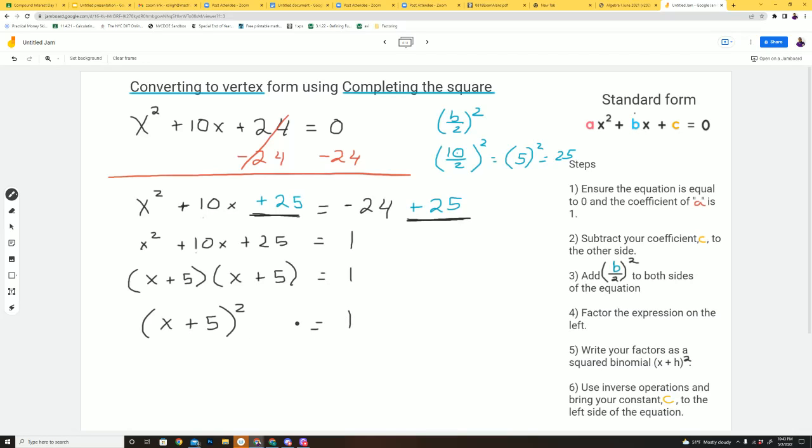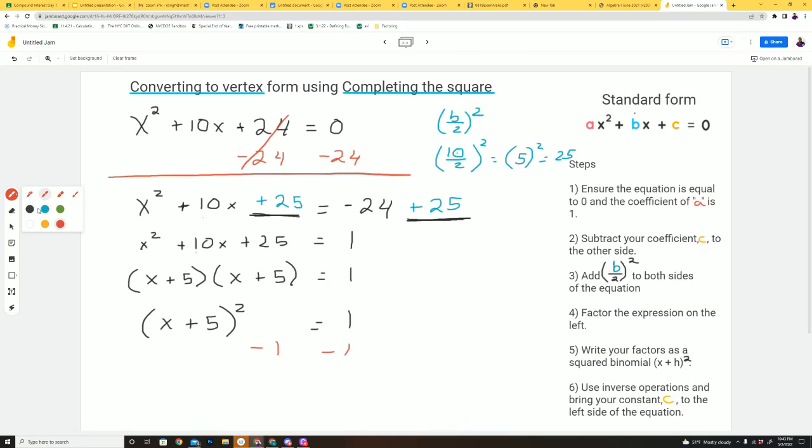And now the last thing to do to get it into vertex form is to use inverse operations, and you're going to bring your constant, which is this 1, to the left side of the equation. I know this is positive 1, so I'm going to subtract 1 here and subtract 1 here.